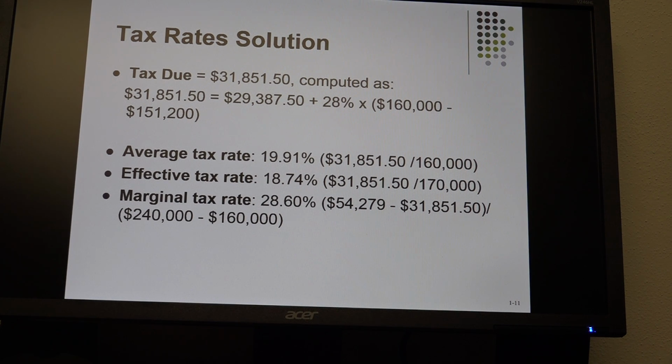You subtract that from the 31,851.50, and then you divide that number into the difference between the amount of taxable income they would receive if they did get 80,000 more taxable income minus their actual taxable income. So that would be your denominator.